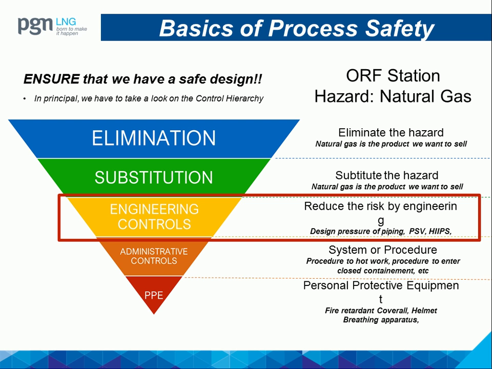This is what is normally done to mitigate process safety. During engineering, we would like to find the best solution on the design: how we keep the product in the pipelines or in the storage tank, and this should be done by the engineers who will design a safe plant. For example, we need to give sufficient design pressure of piping.